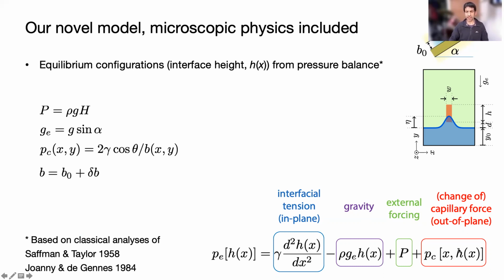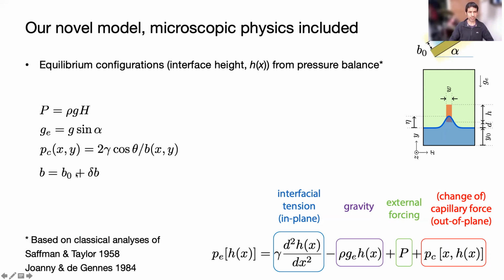And then the distorting force is this term, P_C, which is the change in capillary force. This is the out of plane curvature. So as the interface comes here, touches the defect, it experiences a change in capillary pressure, and this pulls the interface in imbibition, for example, if it's a protruding defect, pulls the interface and deforms it like that.